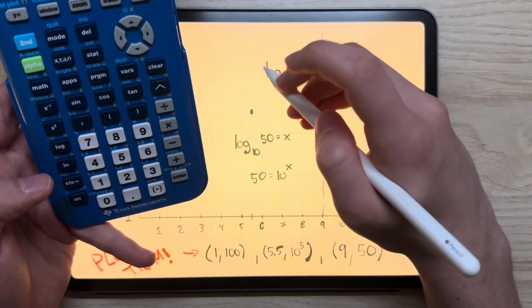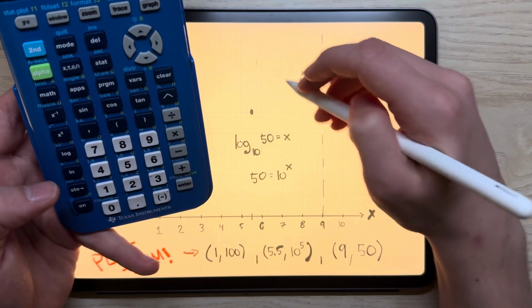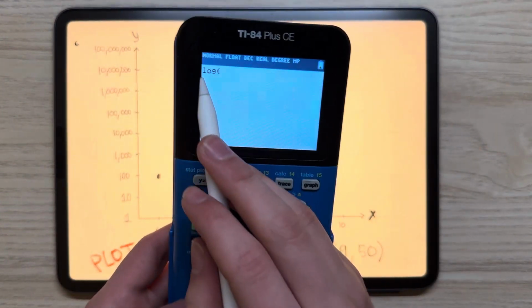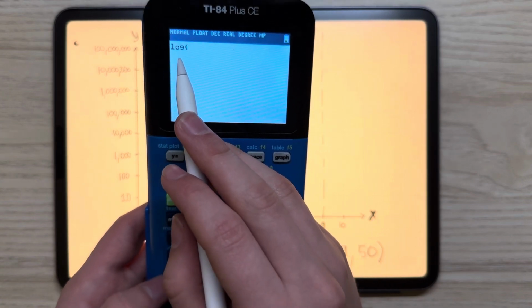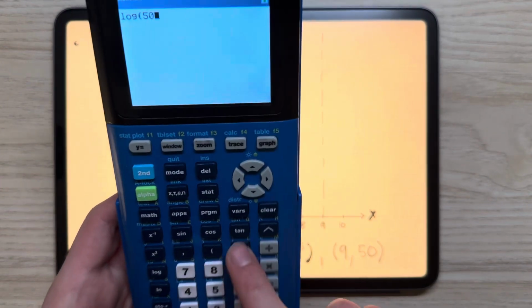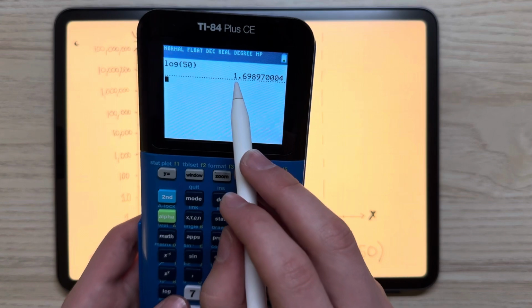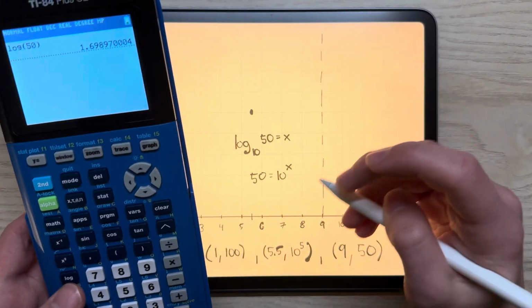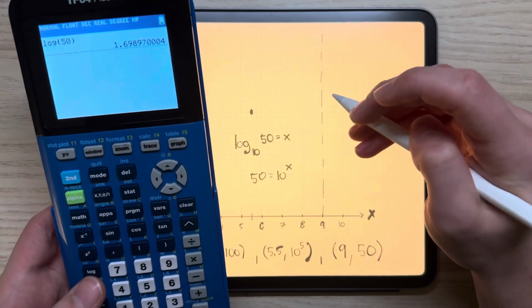If you want to do log of other bases, you would need other buttons. But here there's a nice shortcut. So log base 10 of 50. And that is 1.6989 and so on, which is approximately 1.7.